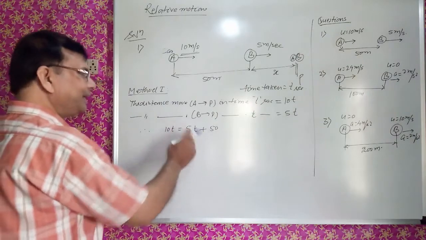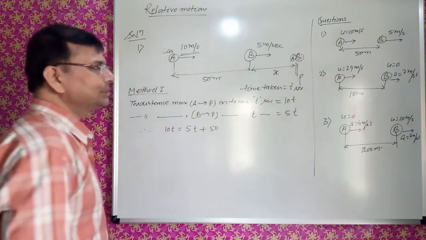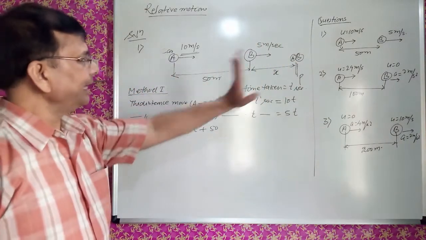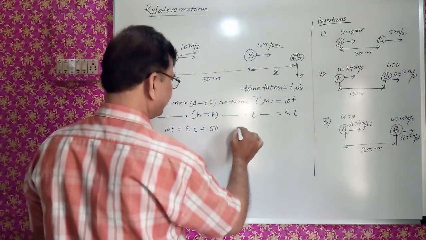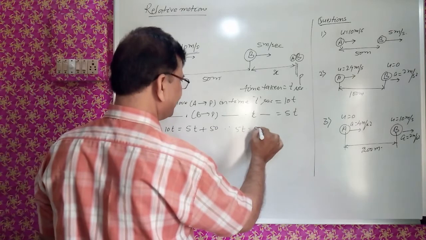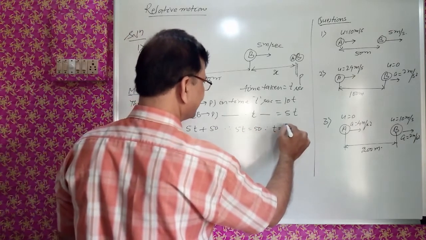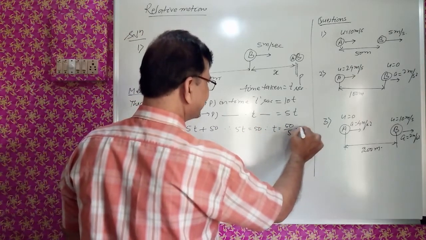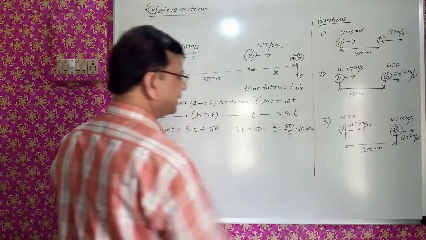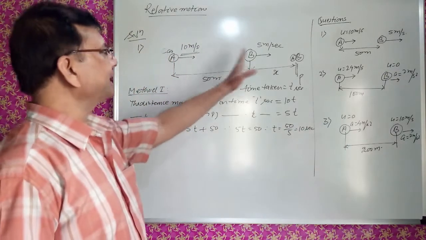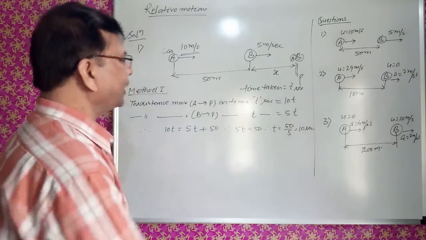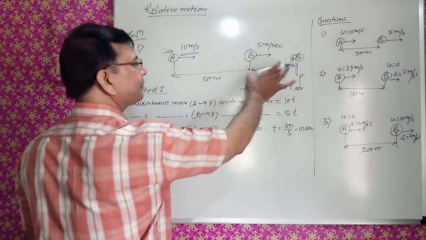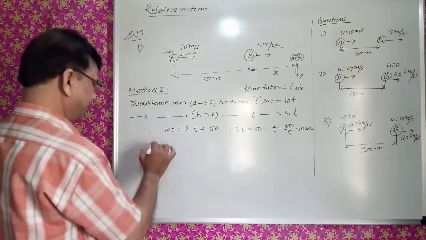So by this time t, A catches B because both are moving in the same direction. Therefore, 5t is equal to 50, so t is equal to 50 by 5, that is 10 seconds. In 10 seconds, A will catch B. By the conventional method, at what distance will it catch?